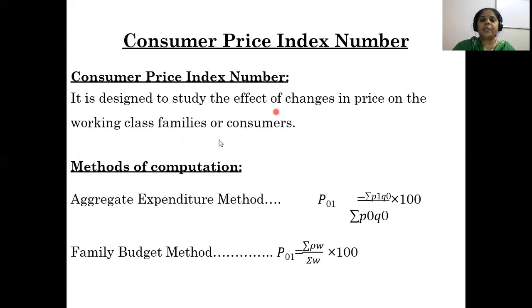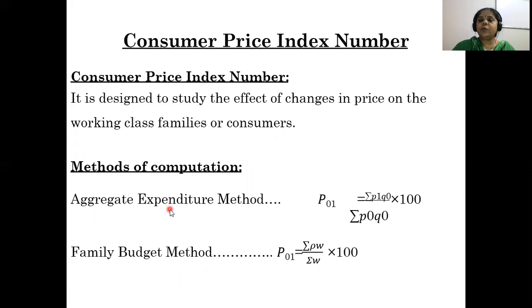So consumer price index number is designed to study the effect of changes in prices on the working class of families or consumers. This is the method for calculating the consumer price index under the aggregate expenditure method and family budget method.